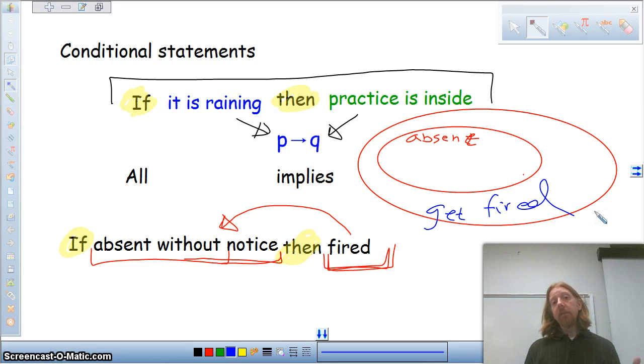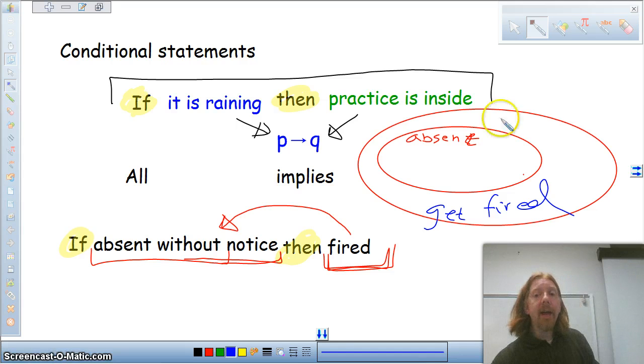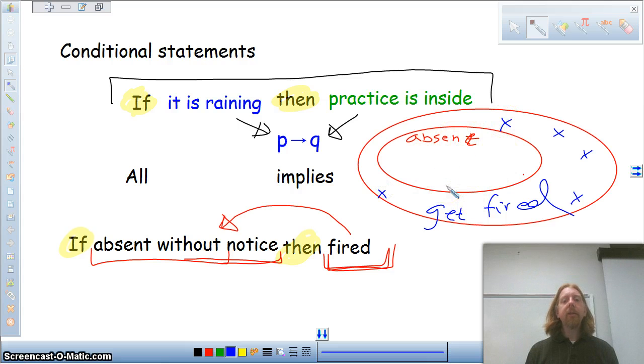So you can see everyone inside the absent group is inside the get fired group, but not the other way around. I can have people who get fired for all other kinds of reasons. There are all these various points in the Venn diagram that are not inside people who are absent from work.